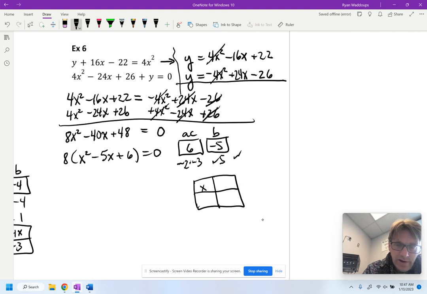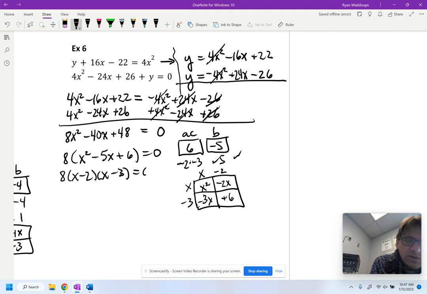I get x squared plus 6 minus 2x and minus 3x. And that gives us x and minus 2 and minus 3, and the two factors then are x minus 2 times x minus 3 equals 0, and x then equals 2 from the first factor, and x equals 3 from the second factor. We need to find the corresponding values of y.